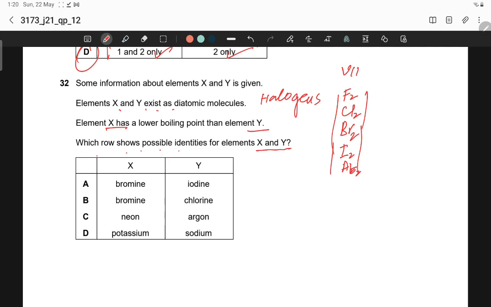X has lower boiling point than element Y. Melting and boiling point increases down the group, and boiling point increases downward.